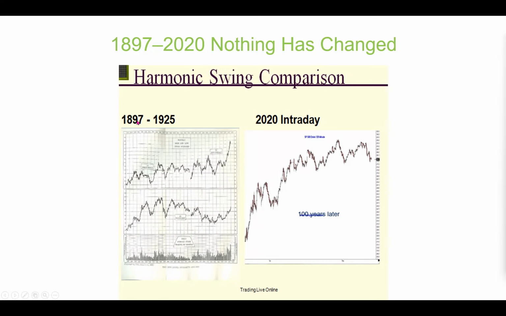This chart is from 1897 to 1925. Again, look at the swings, look at the same harmonics, look at the down swings, this high to low, this high to low, this high to low, and so on. We can look down below and see the same thing. And then we see the contracting parts of these primary swings in the market.